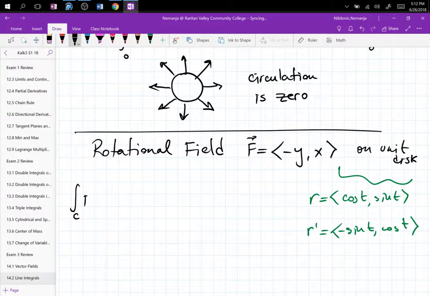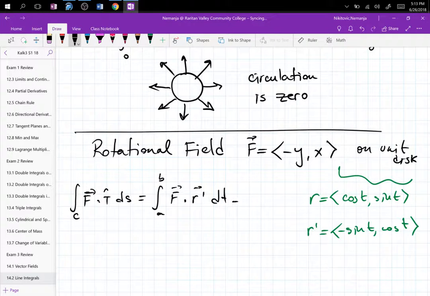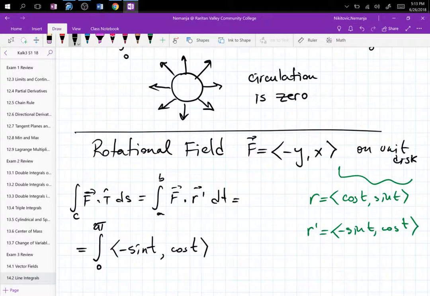Great. So now, when I work out the integral, we have F dot T ds, but we know that's the integral from a to b of F dot r prime dt. So we have again 0 to 2 pi because we want the full disk, and then we have the F, which is given now as negative sine t, comma cosine t, dotted with negative sine t, cosine t, dt.